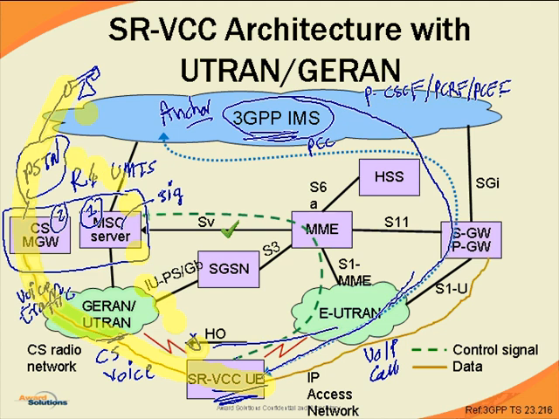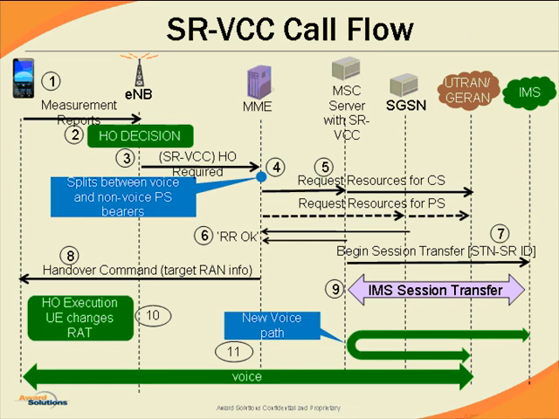That is signaling. For signaling, the MSC server comes into the picture, and for traffic circuits, the media gateway comes into the picture. So SV is your new interface that helps us communicate between two networks, legacy MSC and LTE MME. Let's take a look at the call flow, how we can take care of the call. It is actually handover.